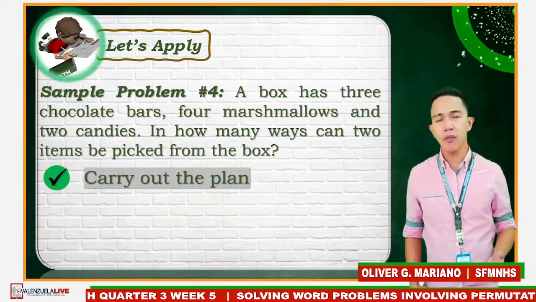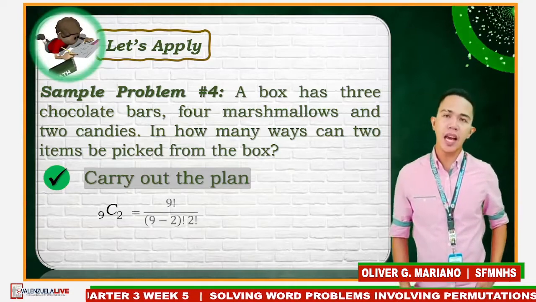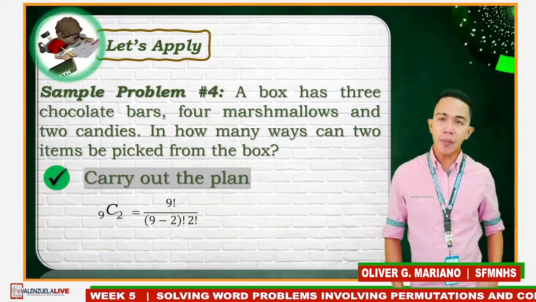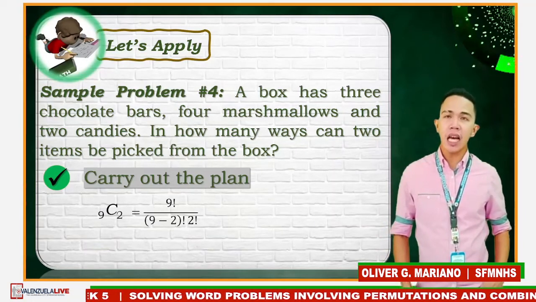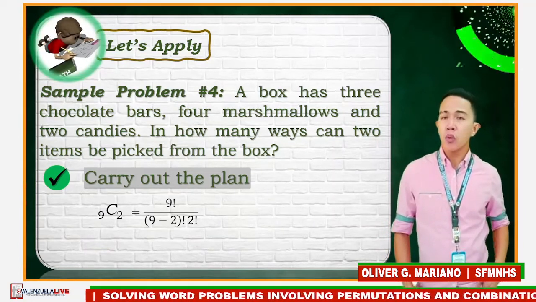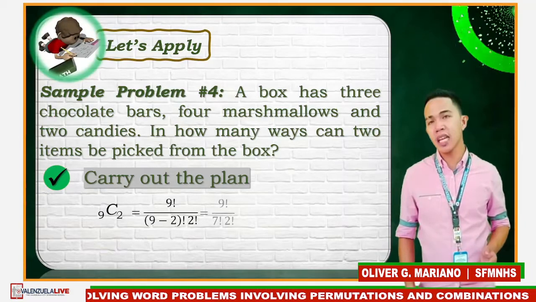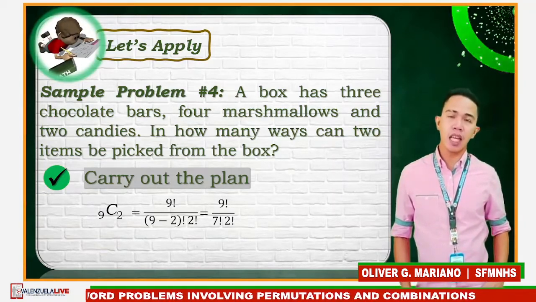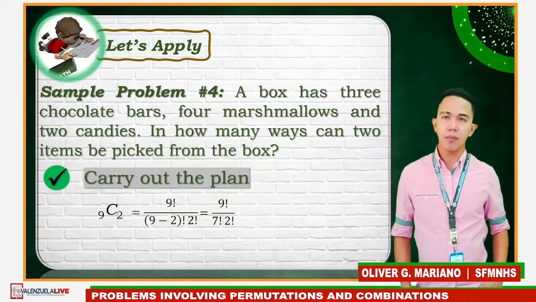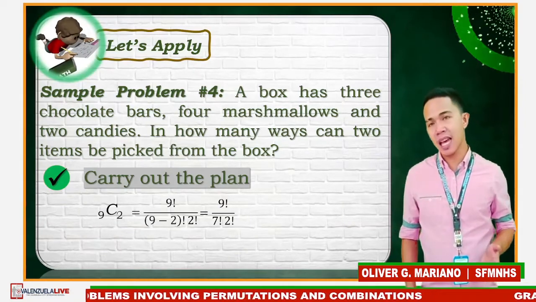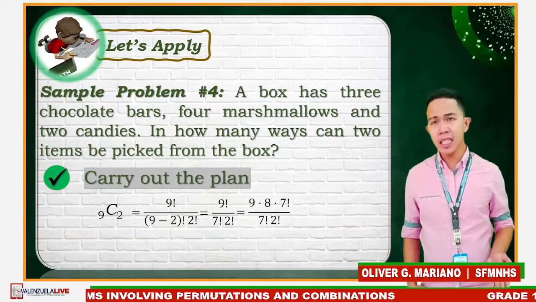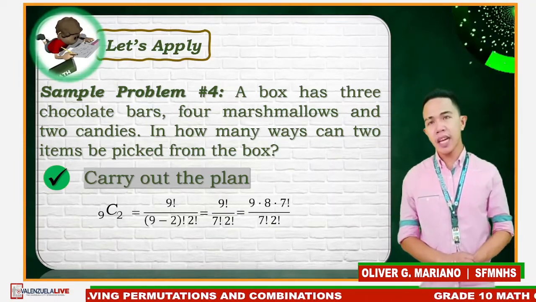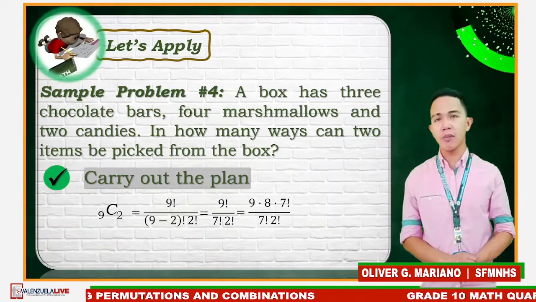Using the formula for combination, we have 9 factorial over quantity 9 minus 2 factorial times 2 factorial, which is the same as 9 factorial over 7 factorial times 2 factorial. This may be expressed as 9 times 8 times 7 factorial divided by 7 factorial times 2 factorial.